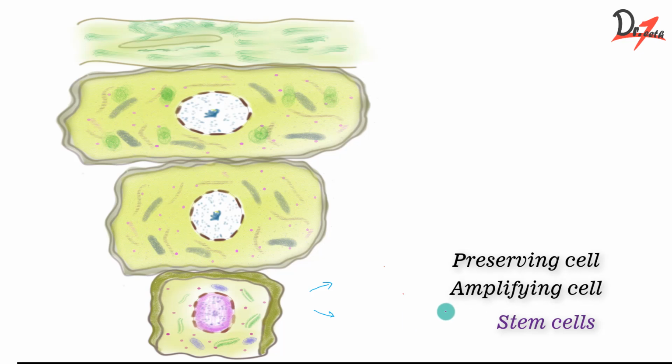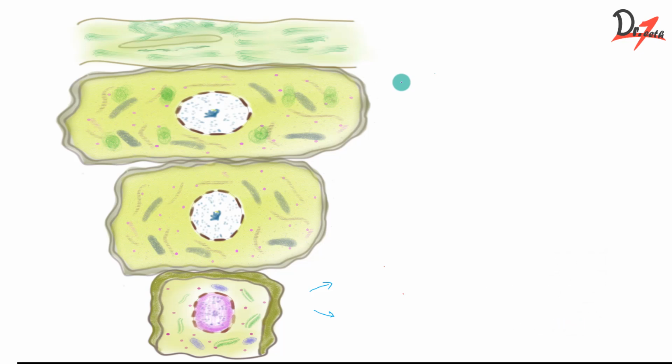Now talking about keratinization, there are two variations: orthokeratinization and parakeratinization. In orthokeratinization, there is no nucleus present in this layer.